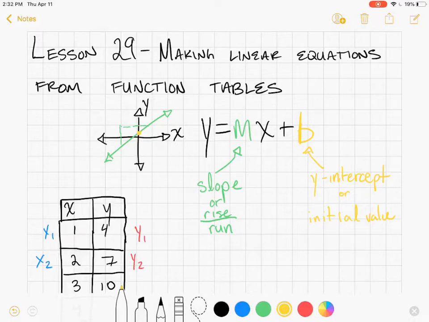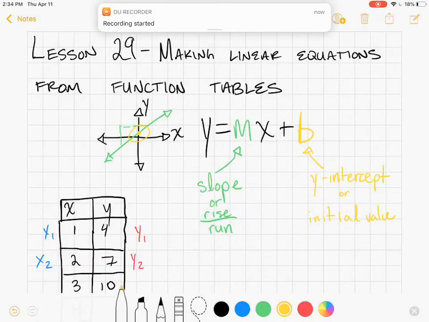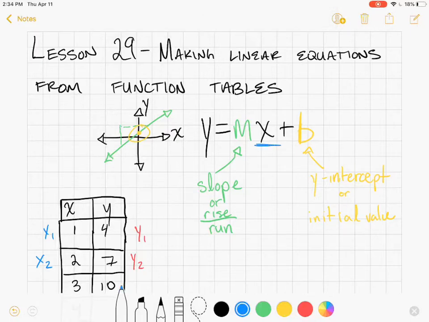So this yellow dot is your y-intercept, and this green line is the slope of your line. And really what the slope-intercept form can be used to find is if you want to know an x value and a y value, where those meet, they meet on this line.